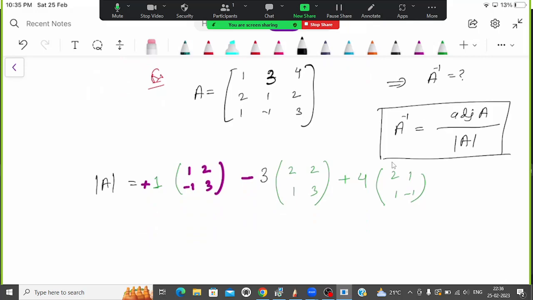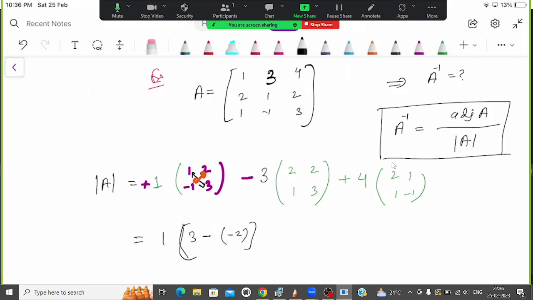Now you calculate the determinant of A. This is 1 multiplied by 3 into 3 minus 1 into 3 multiplied diagonally. So you write minus sign, then 2 into minus 1 is minus 2.